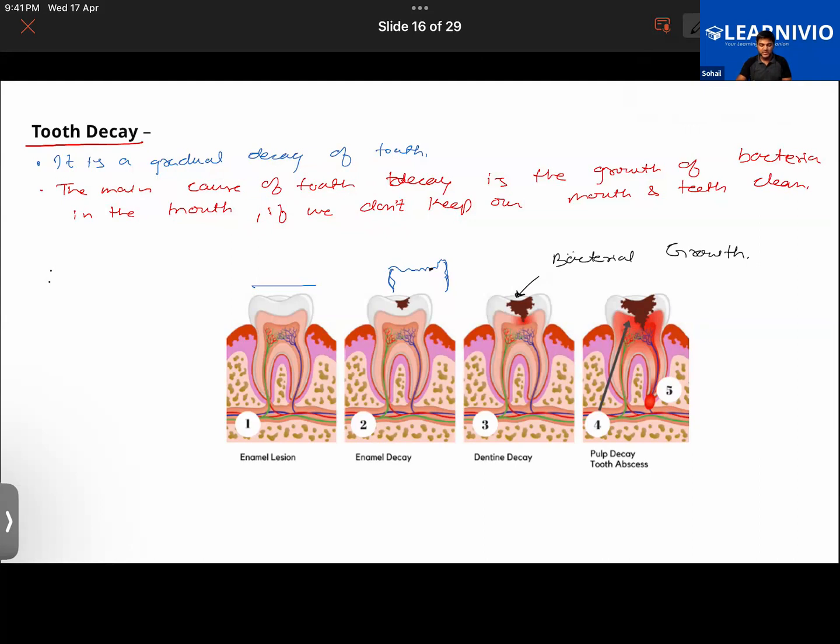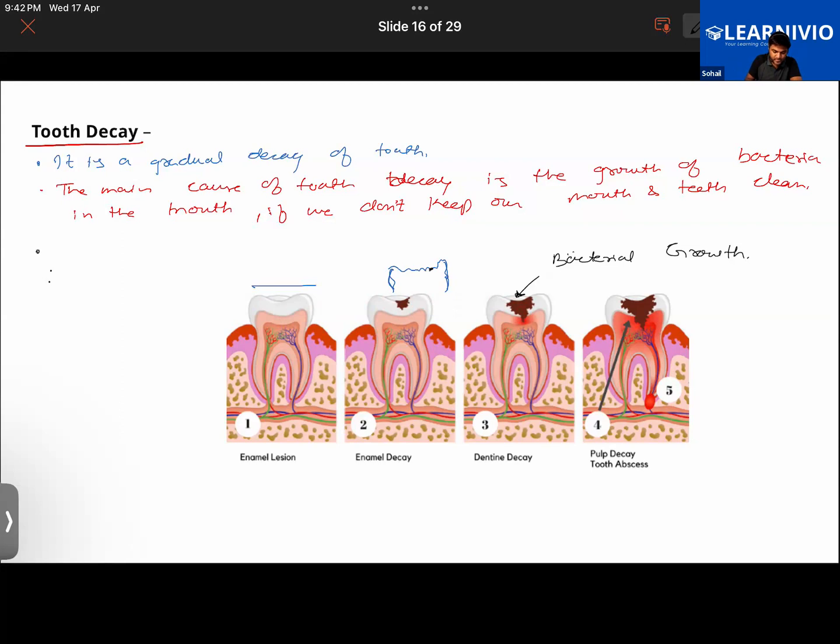Now as you can see in this first image, this is the image of very healthy teeth. In the second image, you see that the bacteria has started to spread. Bacteria further goes into the soft tissues inside the tooth. So how is it able to penetrate into it? You know that enamel is very hard.